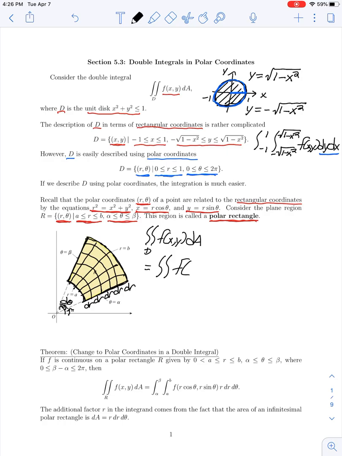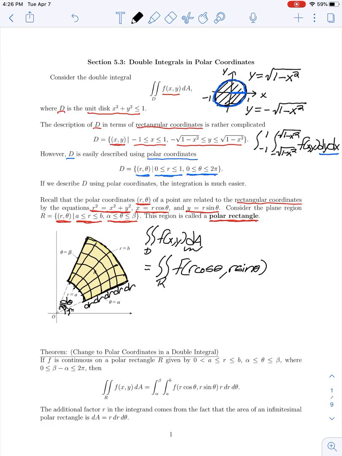Recall that x is given by r times cosine of theta, y is given by r times sine of theta, and we're integrating over our region D, or here we're calling it R for this polar rectangle. And on the end, we have this differential of area, dA. Now, when we were talking about integrating over rectangular regions, dA was just dy dx, or dx dy. It's the little area of one of our sub-rectangles.